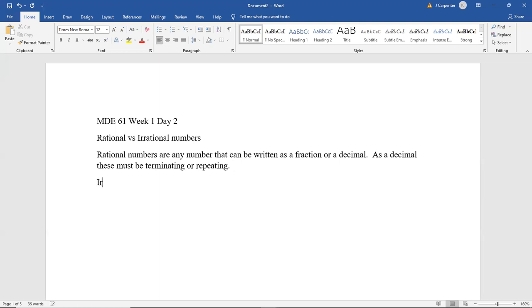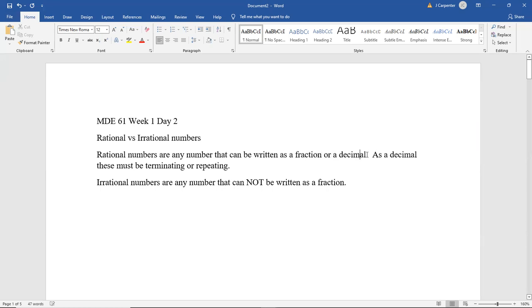Irrational numbers, so ir is the prefix, which means the opposite of. Actually, I shouldn't have said that part about a repeating or terminating decimal.